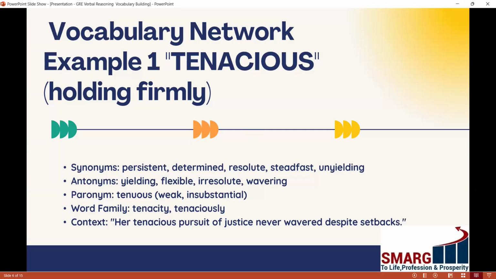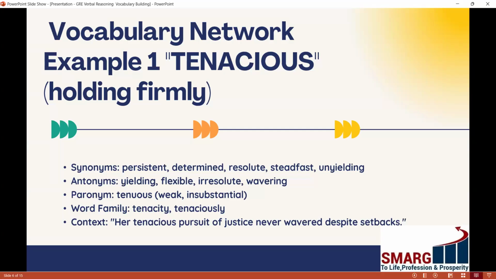We can sit down, we can see paronyms, and then I have put in the context because here there were no homophones or homonyms attached to this. But there was a paronym, so I put in the paronym. Now the paronym is tenuous. This is another word. They are sharing the same root. However, this word means something completely different.